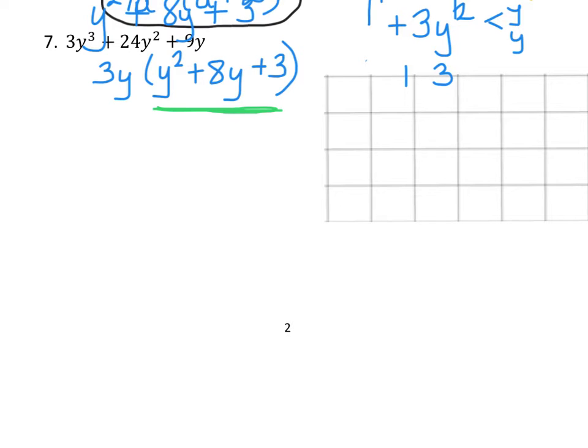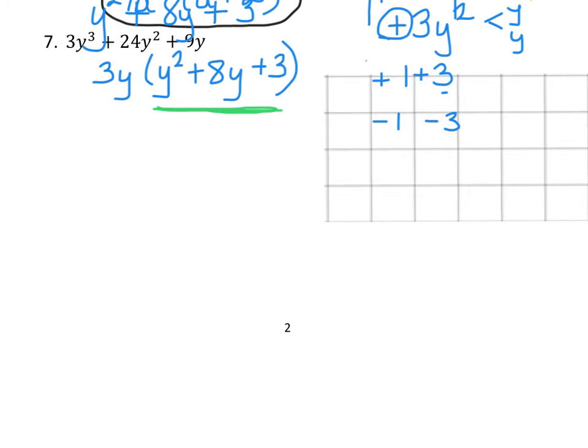And then the last one is 3 times 1. But since I've already used the 3, I don't need to write out any more factors. These are the only factors of 3, 1 and 3. The plus sign tells me that both of these factors either have to be positive or they both have to be negative.